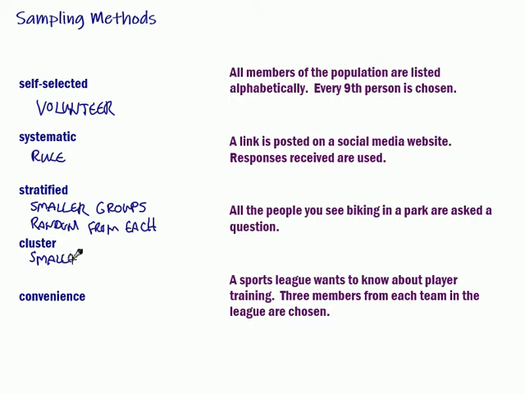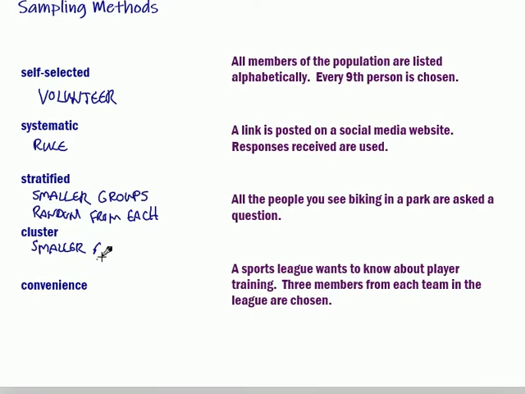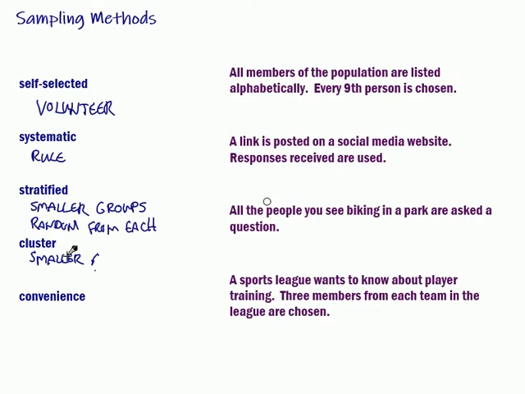So smaller groups, and then we take everyone or every member that's within one or more. So all from one or more. And then finally we have a convenience sample, which is simply just easy.